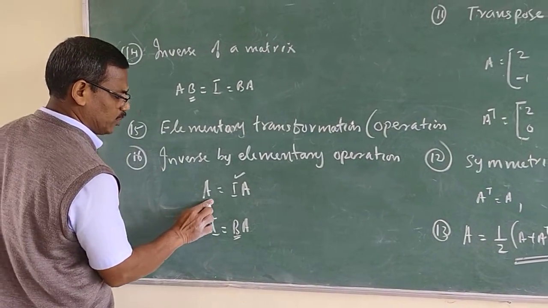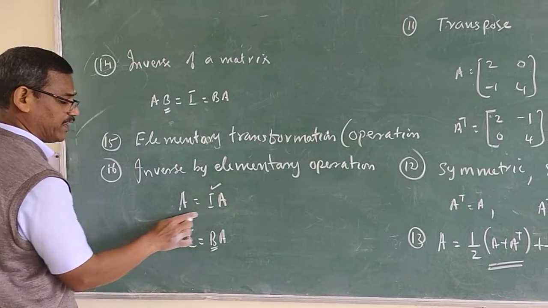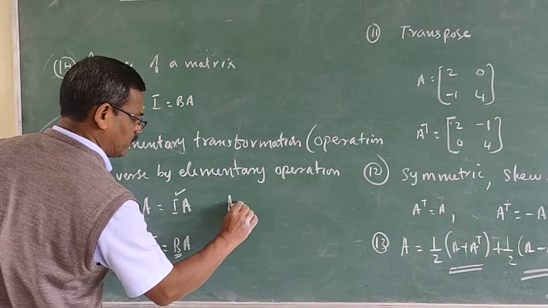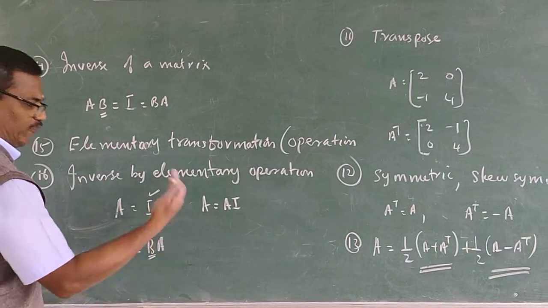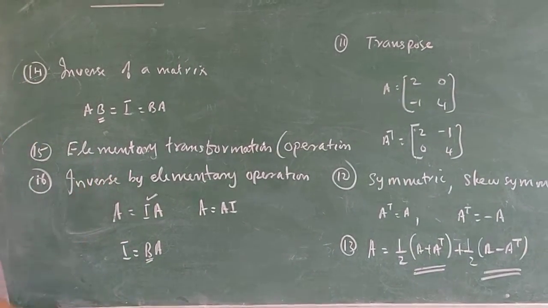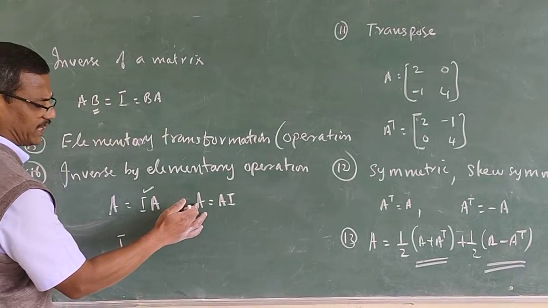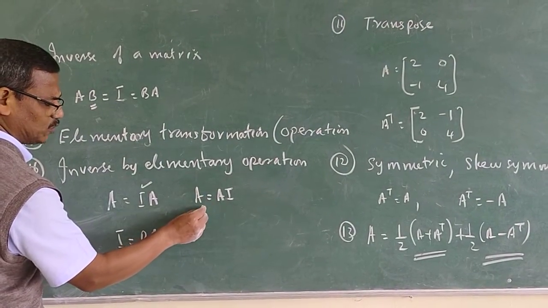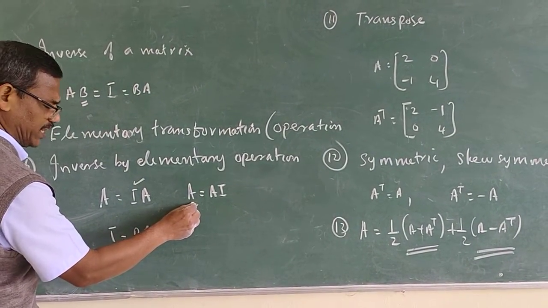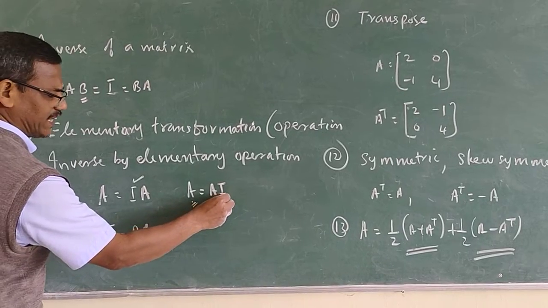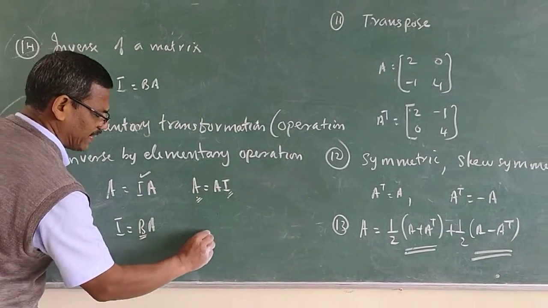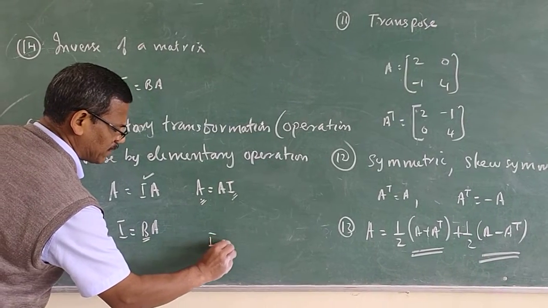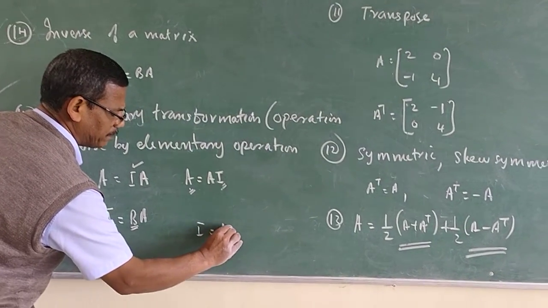That is doing a series of elementary row operations. In the same way you can write A is equal to AI if you want to do a series of elementary column operations. Do the elementary column operations to A, and the same elementary column operations to I, so that finally it becomes I is equal to AB.